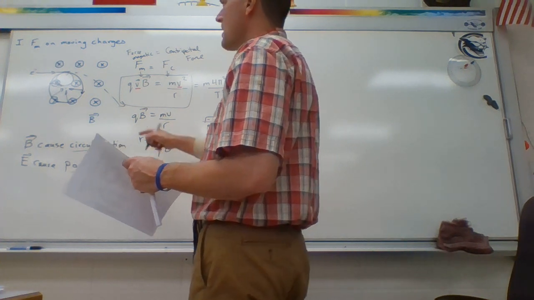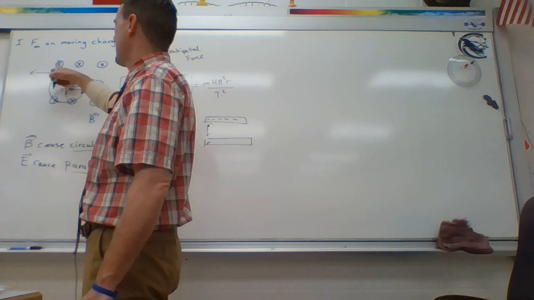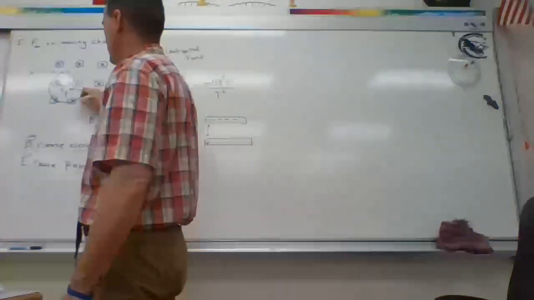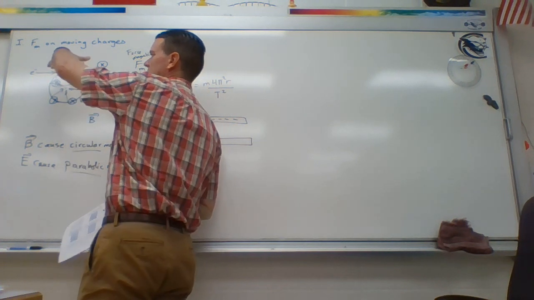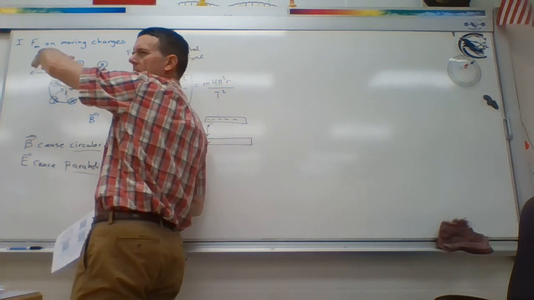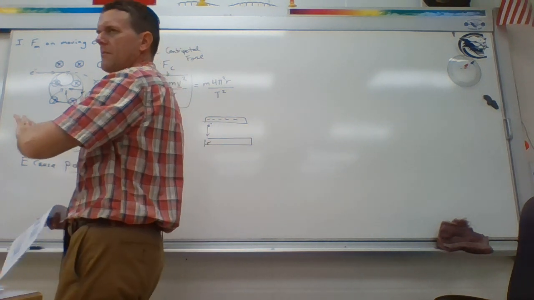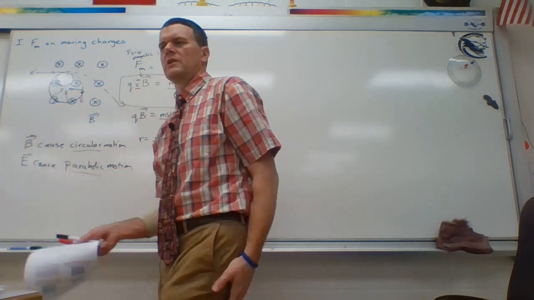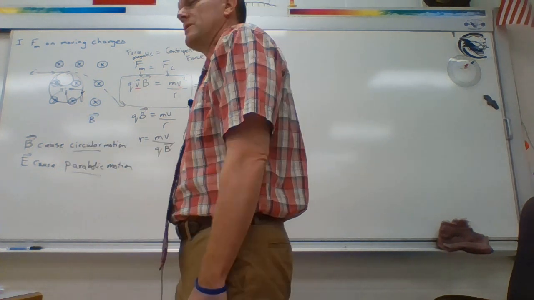Okay, but what's different is look at the force in the magnetic field. Because the electron changes its direction, now the electron's going this way, the force on it changes to the center. The force is not always down on a charged object that's in a magnetic field. So that's what separates the two. Okay.